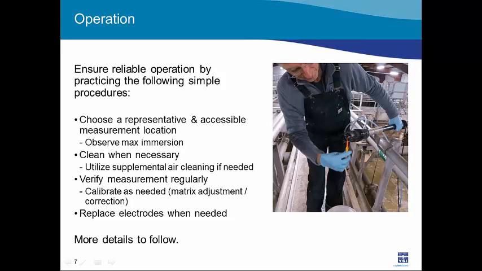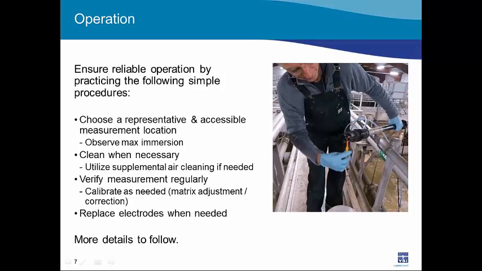Utilizing supplemental air cleaning can help keep the sensors clean. Basically, though, manual cleaning will still be necessary. The air cleaning may extend that manual cleaning interval. Also, it's necessary to verify the measurement regularly and calibrate as needed.